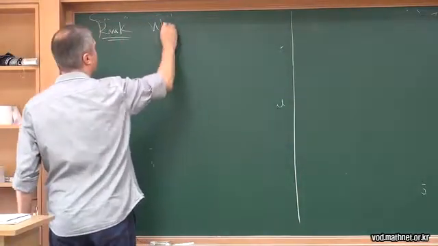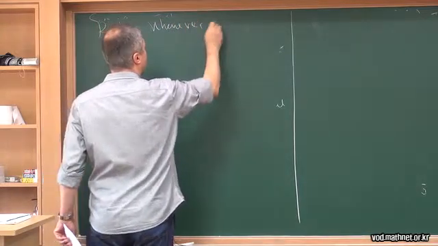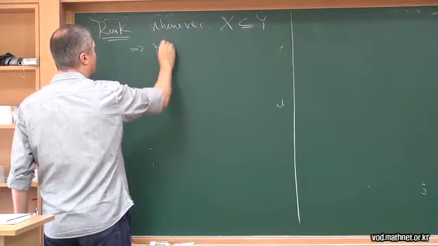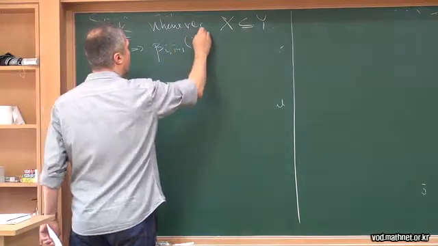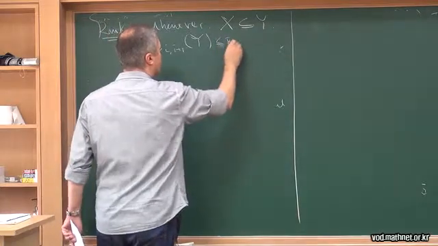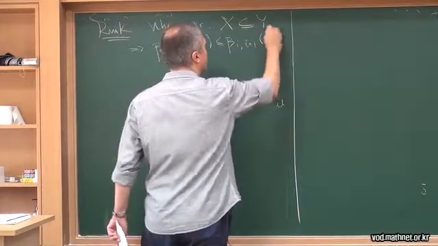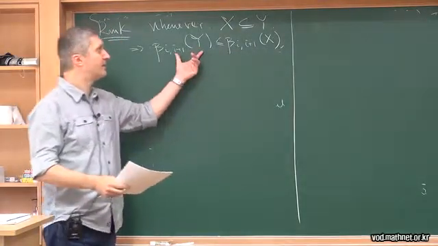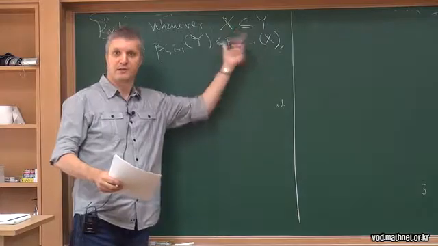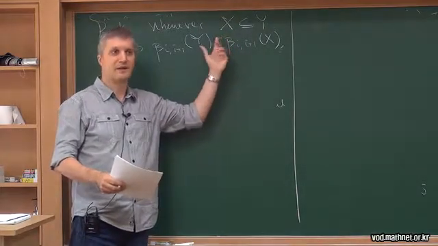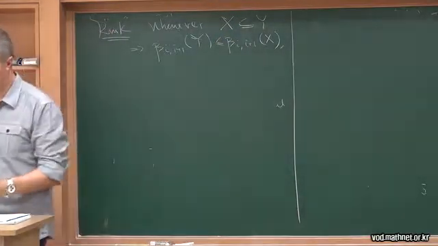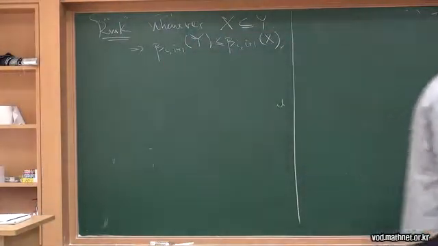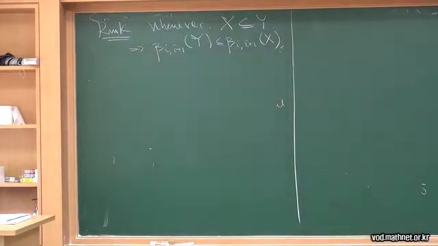Whenever we have an inclusion X in Y, then we get beta i plus 1 of Y is lower than or equal to beta i plus 1 of X. So if we are concerned with linear syzygies, an inclusion will give an inequality on Betti numbers.